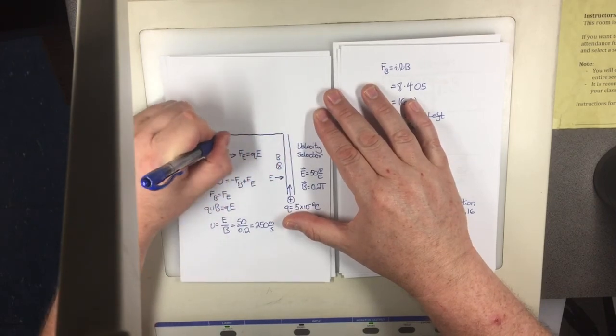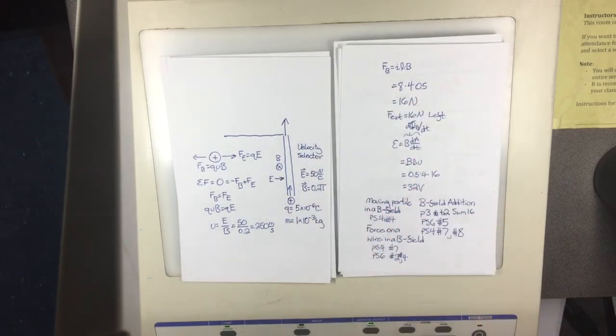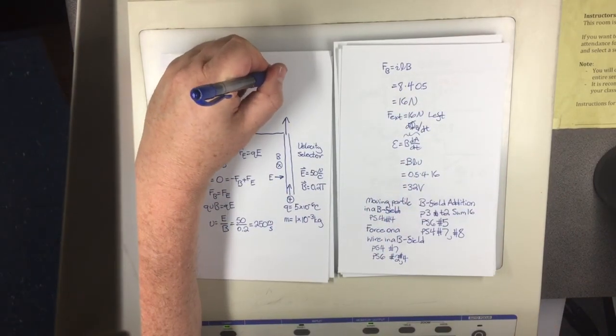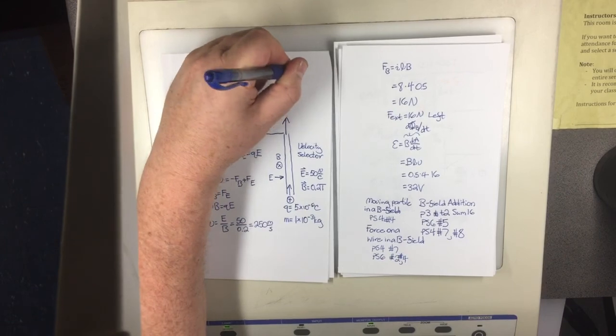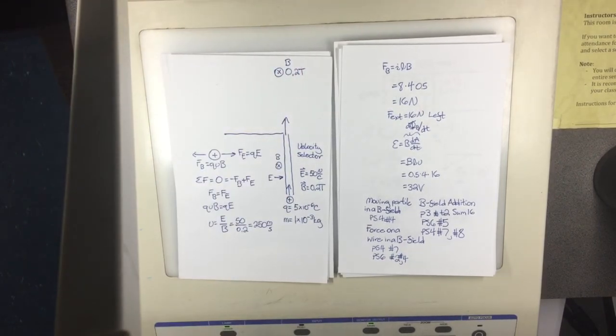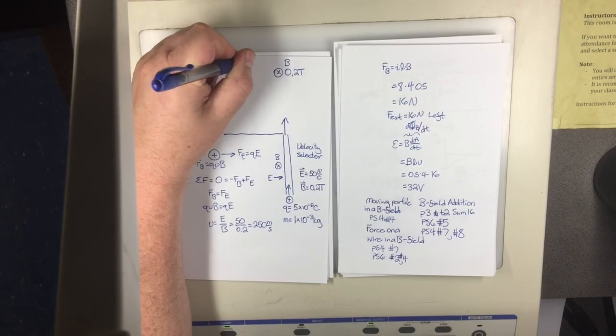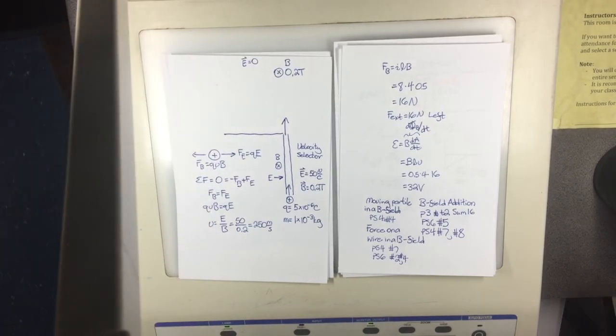Now what happens is this positive particle comes shooting out into a region where the B field continues to be 0.2 Tesla in, but there is no electric field. The first question is, does the particle bank left or right?